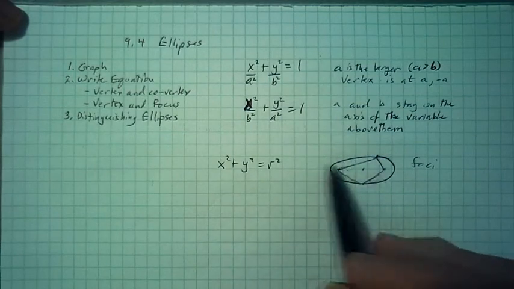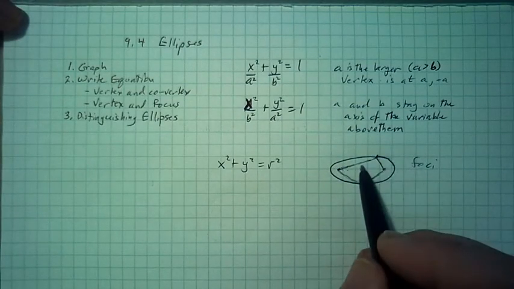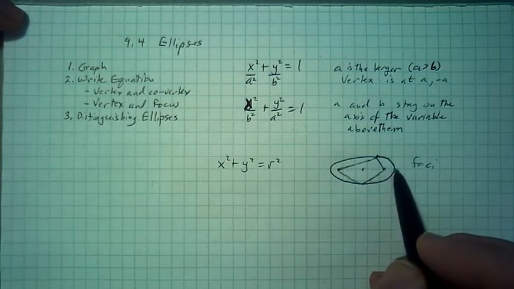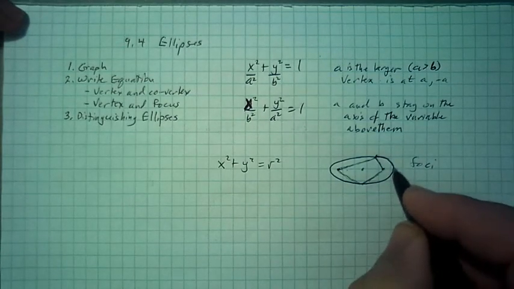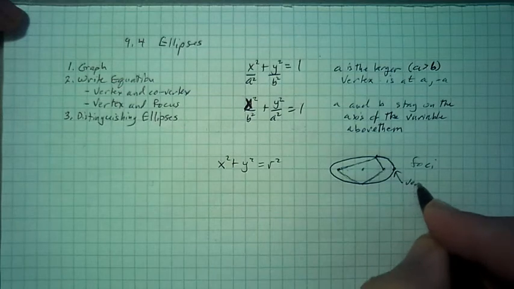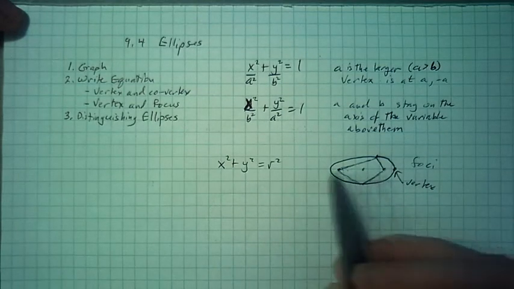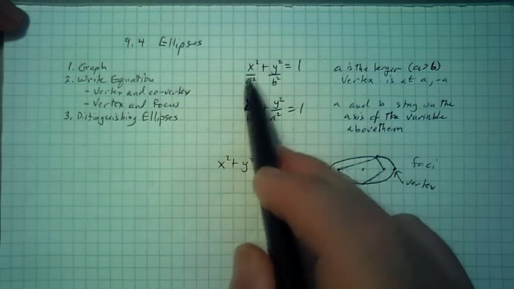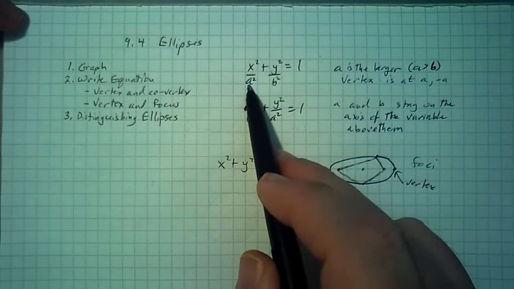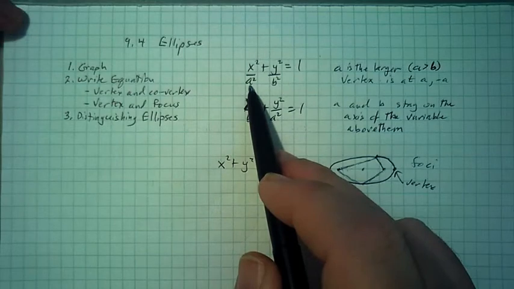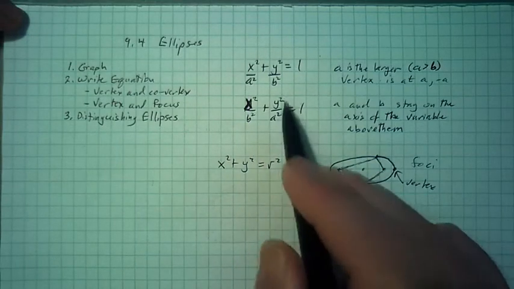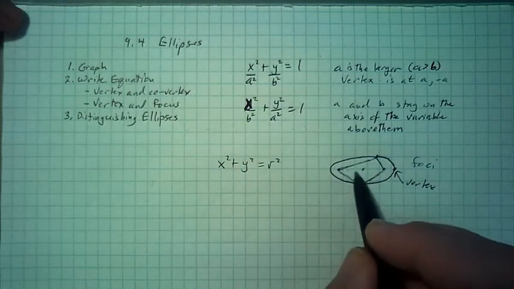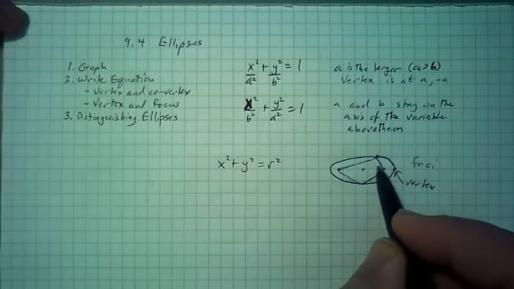The distance from the center to the vertex, the end point right here, the distance in the x direction is going to be underneath the x, although it's going to be squared. So just like we did with the radius, this is called the major axis. Well, I guess it's the semi-major axis. The distance from the center to this vertex is a.